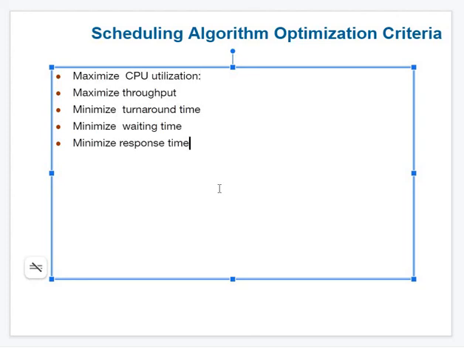Suppose you have one machine which can print 10 papers per minute, and I am giving it only 3 papers per minute. Even though its capacity is more, I am giving it less work, so I have to maximize its CPU utilization.